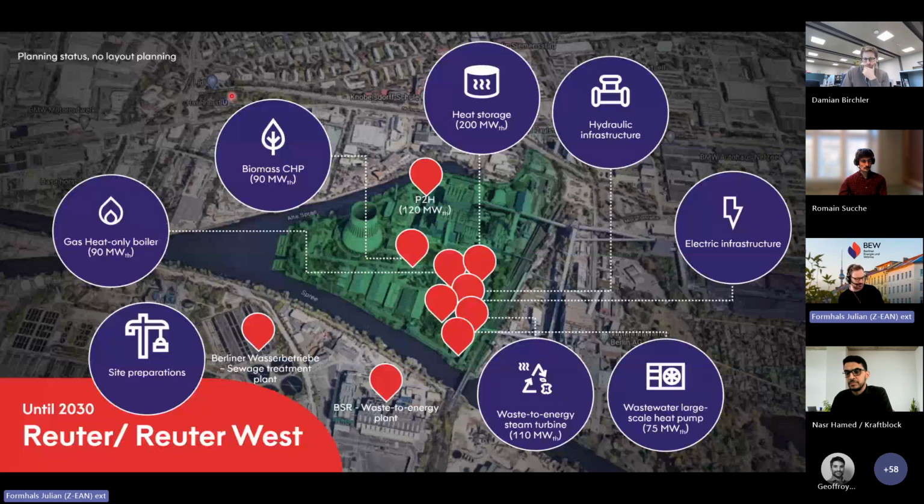But in the end, this system had the best price value. And then actually on this site, there was a demonstrator for a molten salt storage. I don't know much about it, but I think it was running for about 2 or 3 years. But after this test phase, it was not followed further because it was very small in comparison to our overall system. And if you would want to scale it up, then you would have very high specific prices, which doesn't make it very attractive in this case.